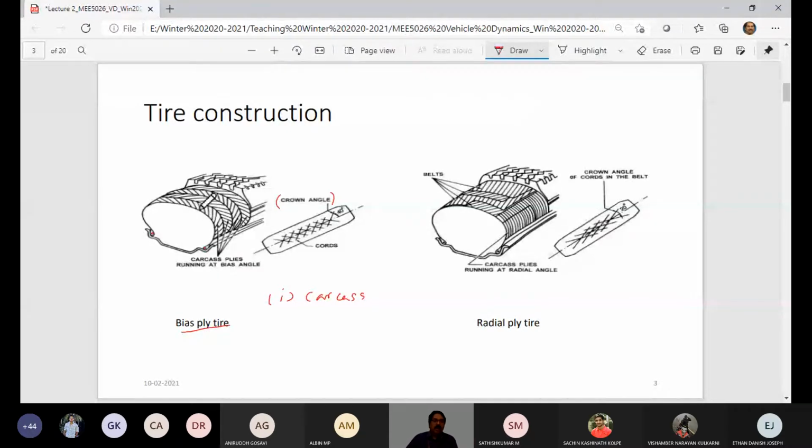Now you know what the carcass and cords are, and these beads are steel wires which run in a circular fashion and are seated on the rim, so that the carcass ply running from one end to the other is anchored by these beads. And this is what is called a cavity in a tire. It is of torus shape, and the entire cavity is filled with inflated pressurized air.